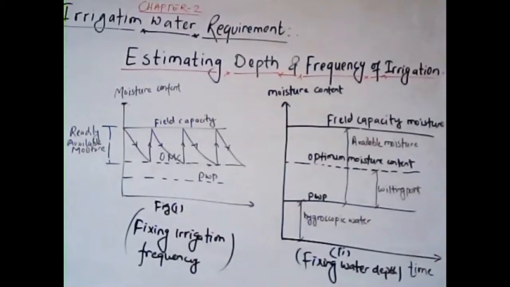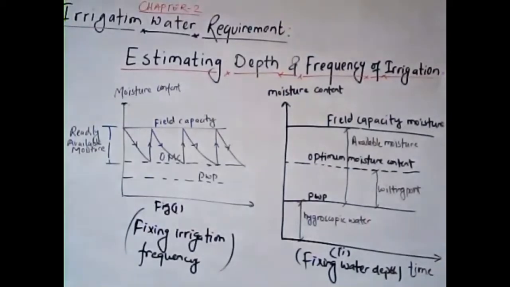That is, we need to fix the irrigation frequency after the moisture falls to the optimum level, and its quantity should be just sufficient to bring the moisture content up to the field capacity level, making allowance for the various application losses. That is, the water depth shall be fixed.